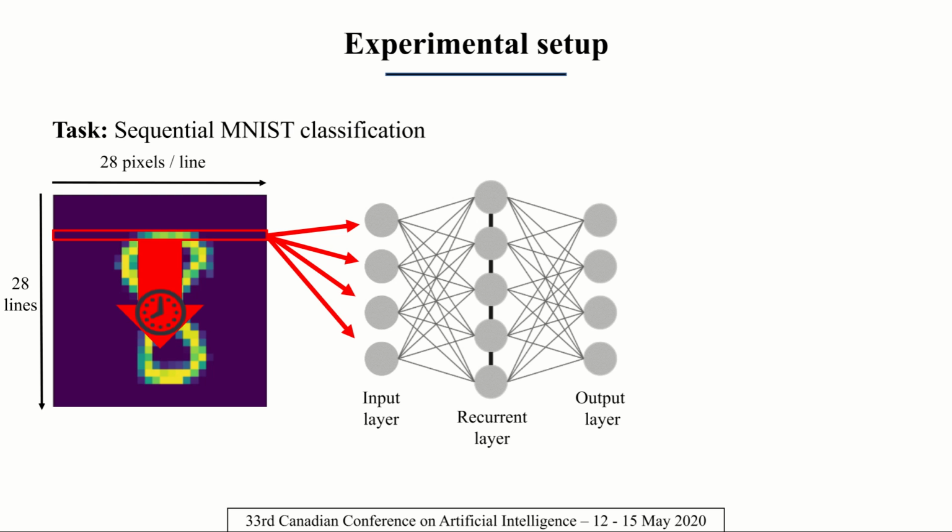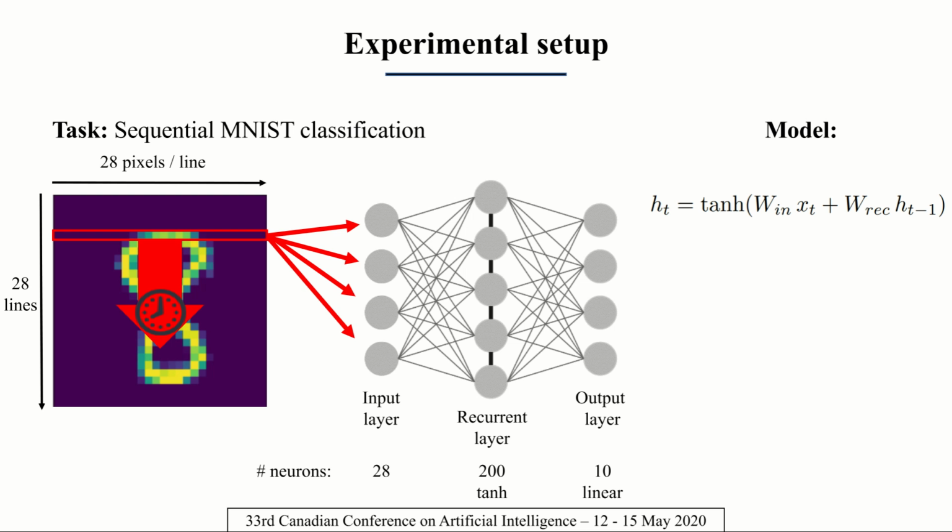Our networks had an input layer of 28 neurons, each receiving the information about one single pixel at each time step. We had one single recurrent layer of 210 tanh neurons and a final output layer which had 10 linear neurons.